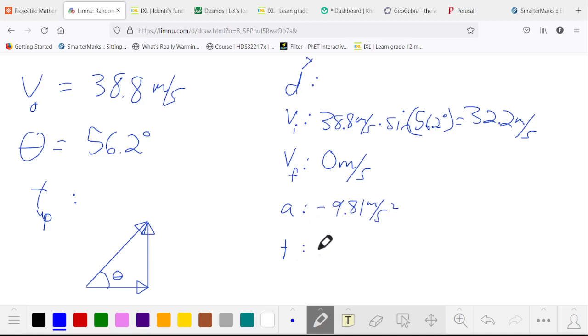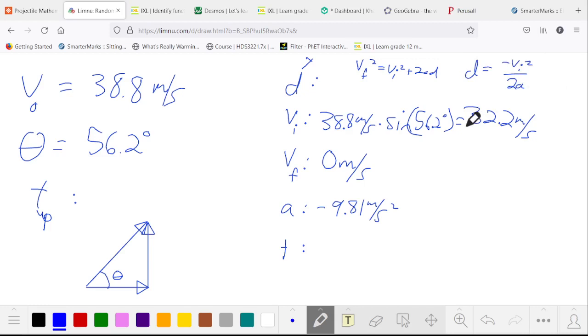So now we can figure out the time and the distance. The distance we can get with Vf squared equals Vi squared plus 2AD, where our Vf is 0. That means our d is a negative Vi squared over 2a.